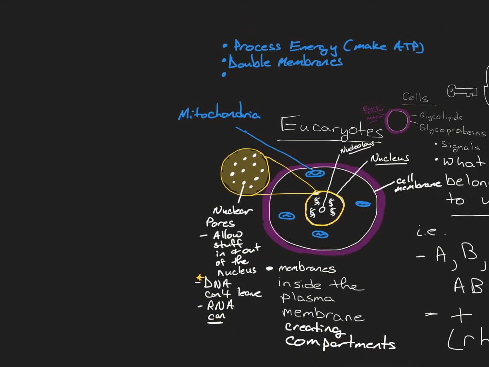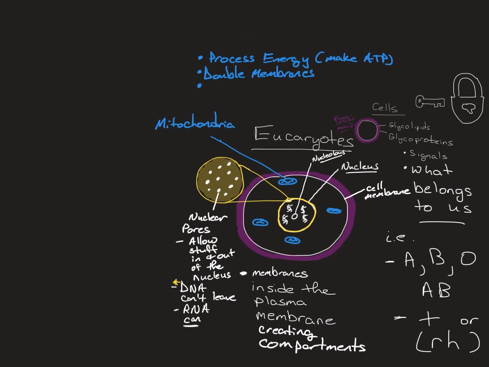You've heard of that before, I'm sure, in elementary school. They process energy, have double membranes, and they have their own DNA. That's really interesting. So mitochondria are really, really interesting little things.